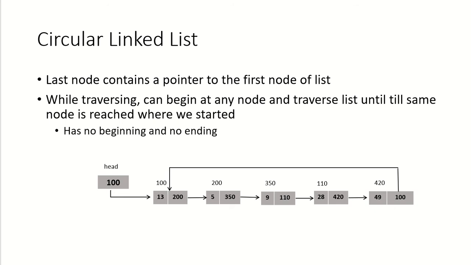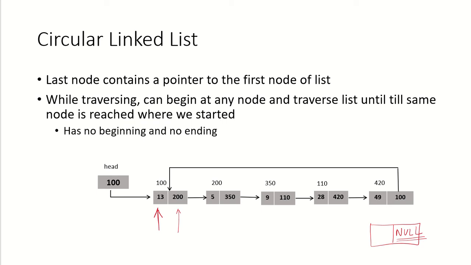We have seen that in a singly linked list, each node consists of a data part and a pointer to the next node. The last node of the singly linked list contains a null in the pointer part of the node since it does not point to any node.